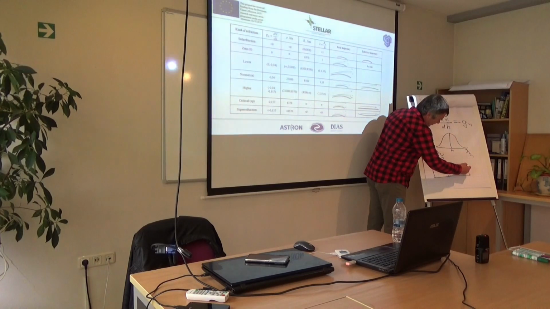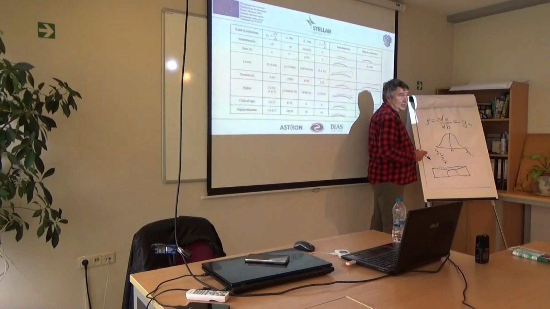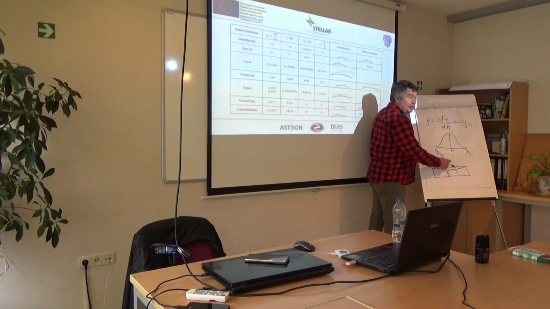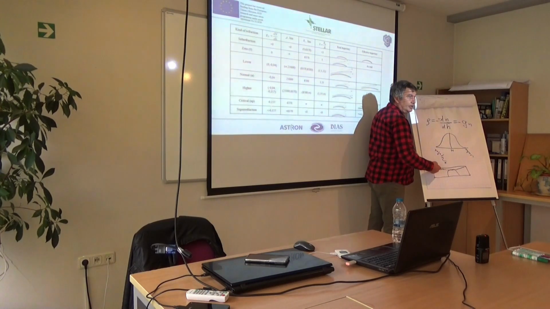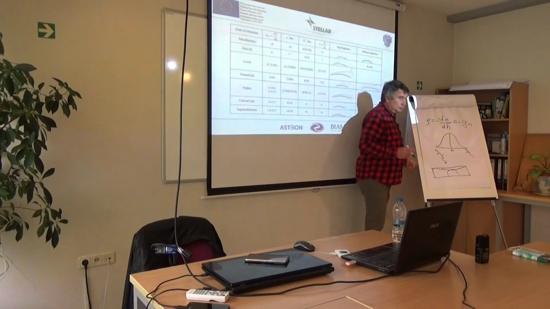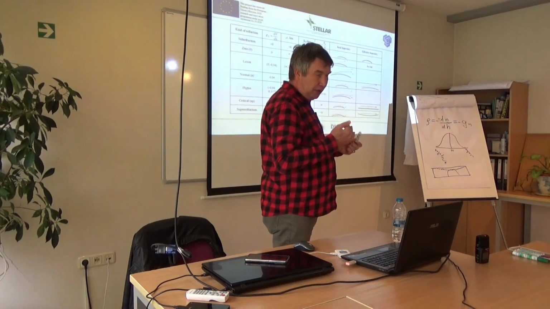If we have subrefraction, the path will be like this, and in this case we have free line of sight. In this case, when we have negative refraction, line of sight is not free because this is propagation path. So negative refraction is not good for radio links.